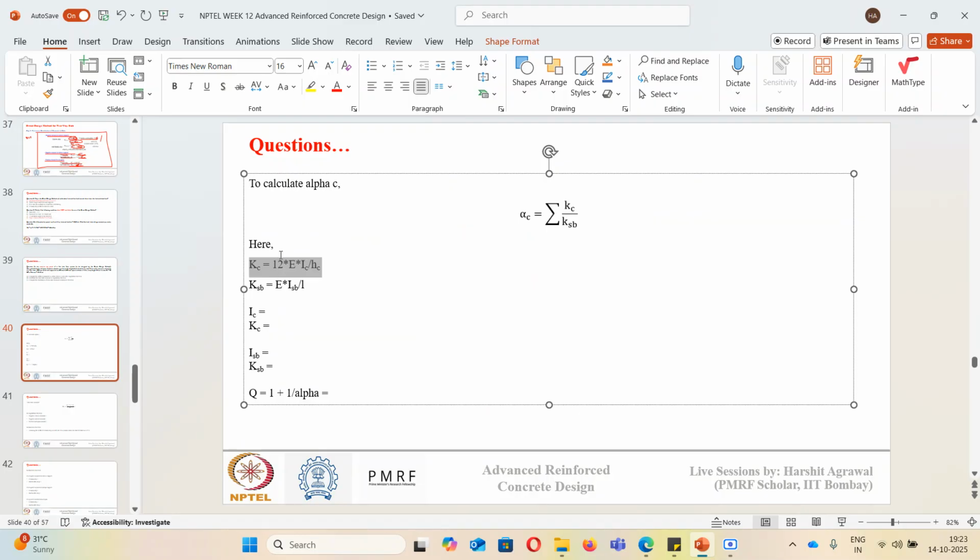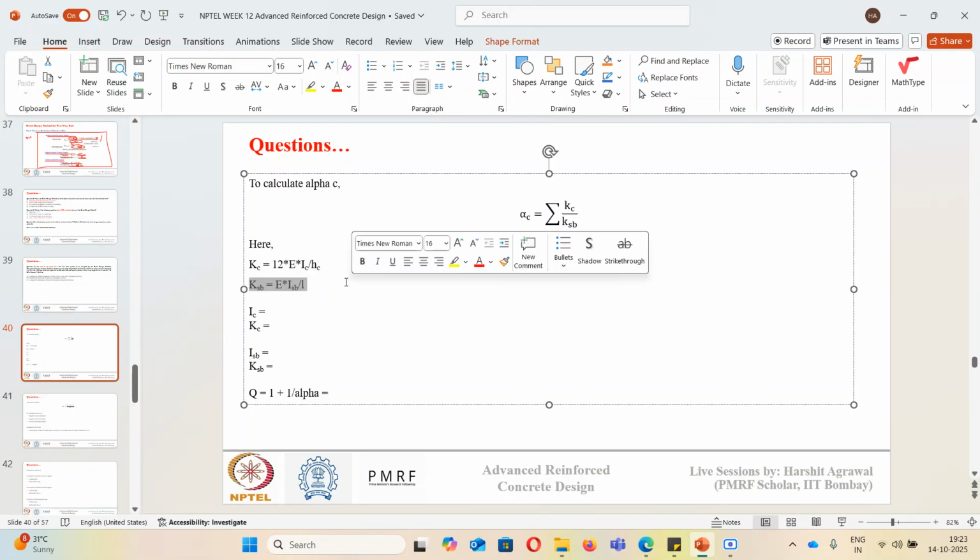So if it is not explicitly mentioned in the question, we assume a fixed condition for the column. For the slab, Ksb is given by E into Isb upon L. Why? Because the slab is a continuous section along the span direction, and restraint to the slab is provided on the column strip. It is not concentrated, it is not fixed. So generally for a slab, this formula is used for calculating the stiffness.